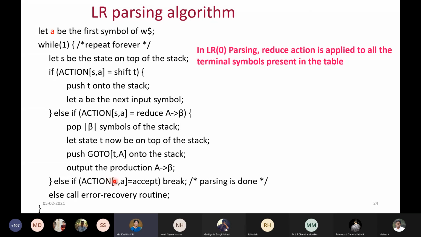Only then I'll be able to go with accept. If it is accept, then we can break, so parsing is done. If it is not accept, then it has to be an error. All the blank entries will be taken as error. So by default it goes here: I should check for shift, check for reduce, and if it is not so, then accept, and then it goes to error recovery.